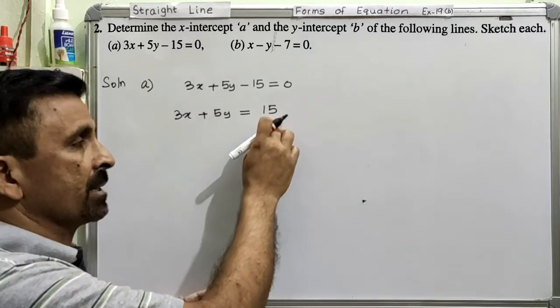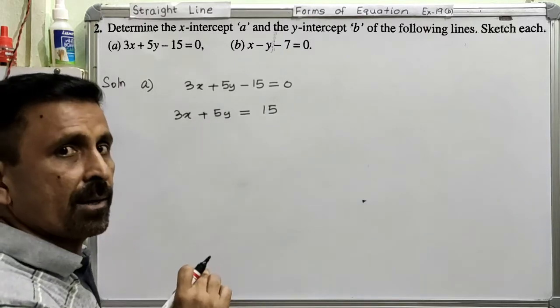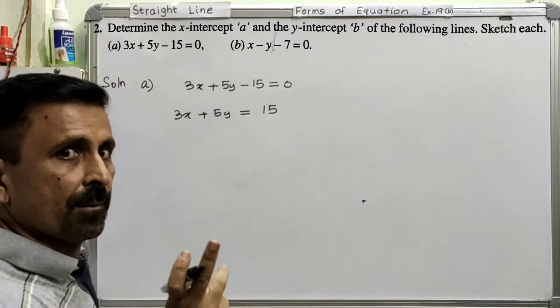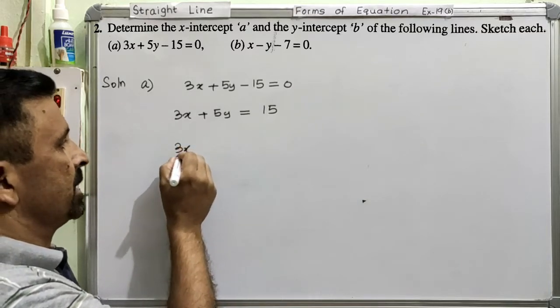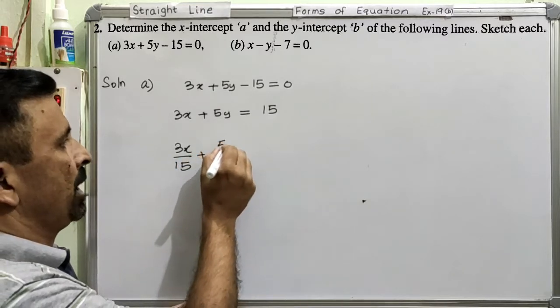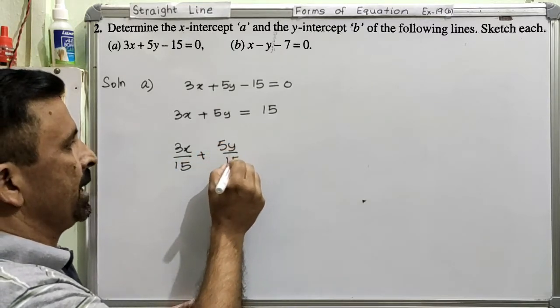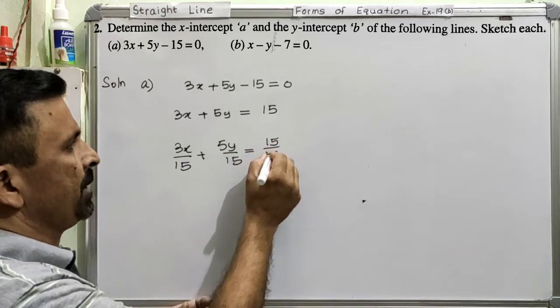Now since you are dividing the right hand side by 15, on the left hand side also every term will be divided by the same number, 15. Clear? So let us do that. 3x divided by 15 plus 5y divided by 15 is equal to 15 divided by 15.